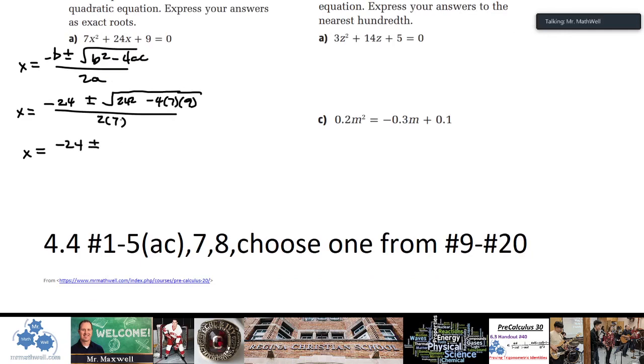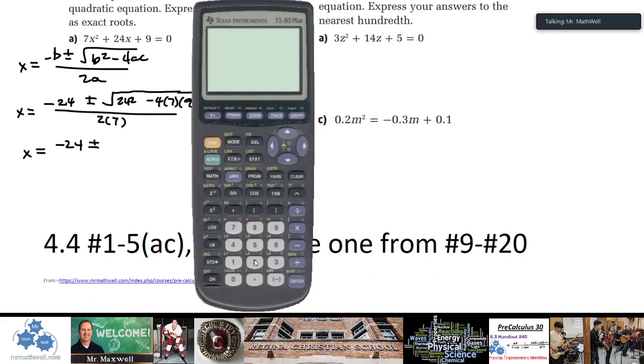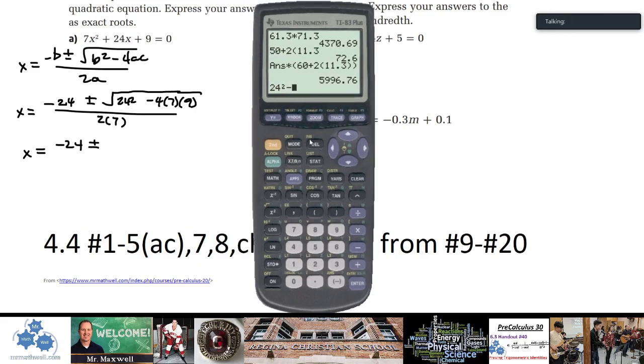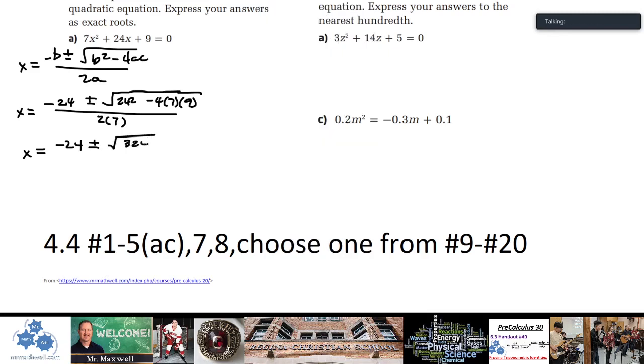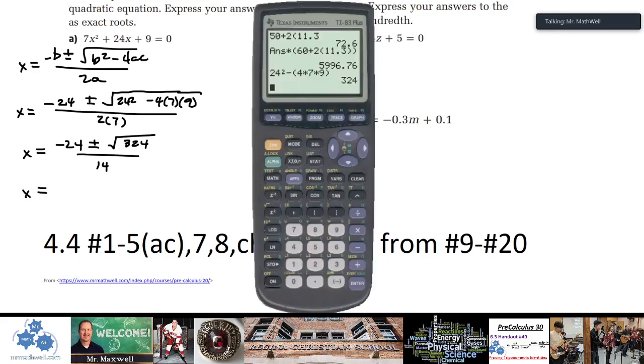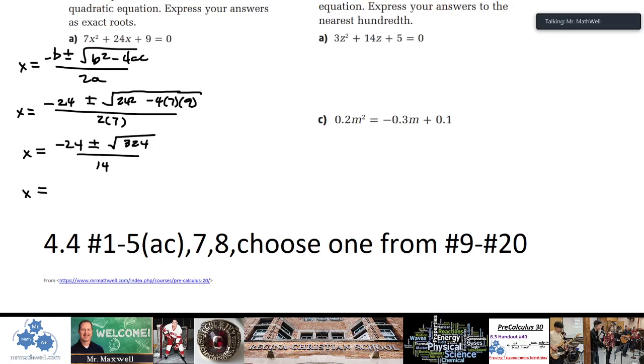Negative 24 plus or minus root of 24 squared minus 4 times 7 times 9. It's going to be 324, so root 324 over 14. Is 324 a perfect square? Let's check. The square root of 324 is 18. Perfect. So that's negative 24 plus or minus 18 over 14.